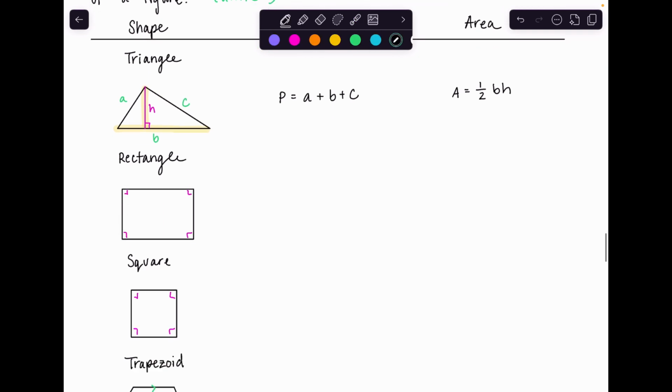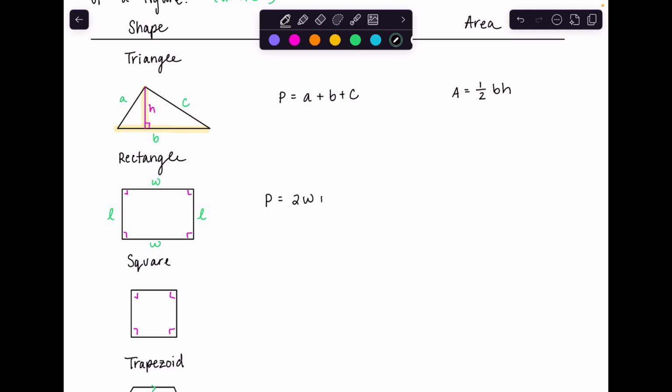So looking at our next shape, when we have a rectangle, again, you can call these A, B, whatever you want, but for a rectangle, remember these sides are the same, so I'll call those the length. These sides across from each other are the same, they're the width. The perimeter is you just add them all up. But really you have one W plus another. So we can condense this formula a little bit.